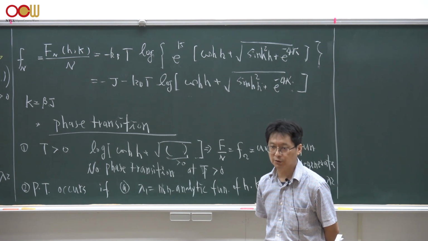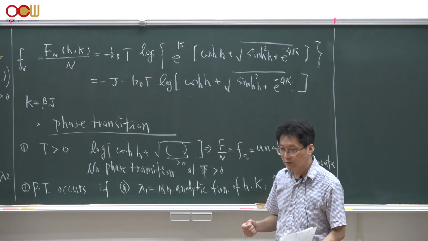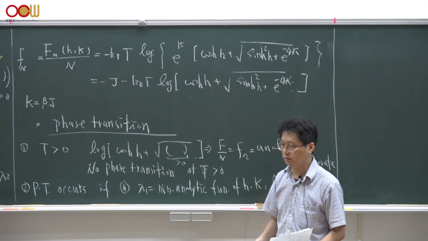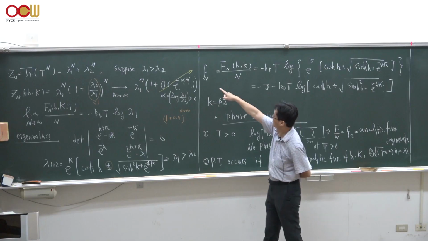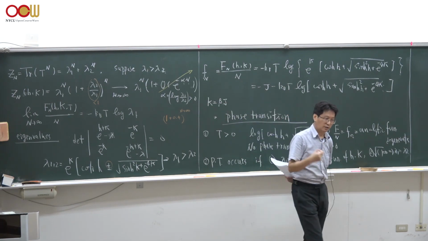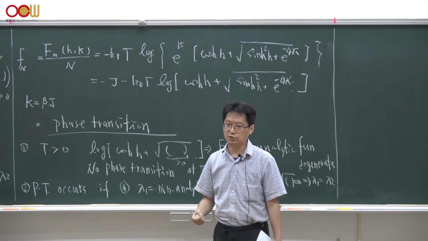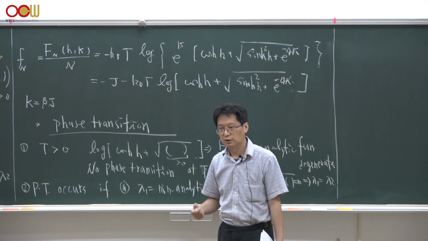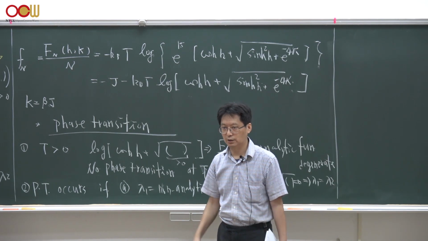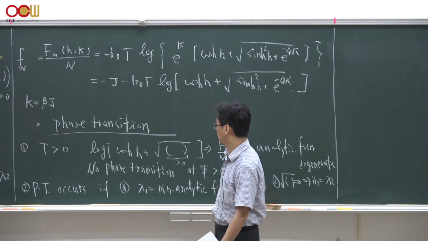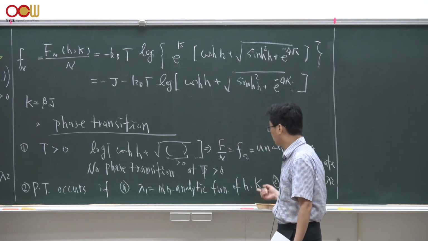And the principle which leads to the phase transition is the non-analyticity of the free energy density. So we need non-analytical properties of this bulk free energy density in order to have the phase transition, as a function of order parameters or external parameters or coupling constants. In this case, as a function of h and k.